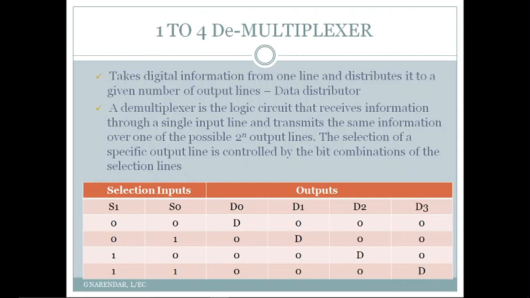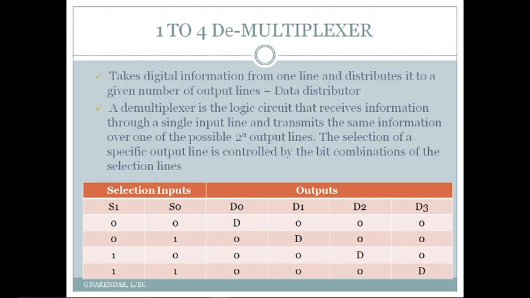So if we see it another way, or more precisely from the circuit point of view, a demultiplexer is a logic circuit that receives information through a single input line and transmits the same information over one of the possible 2 power n output lines. So this is a 1 to 2 power n demultiplexer.